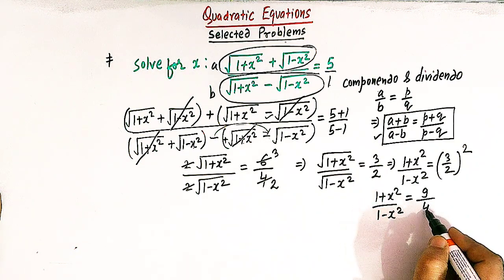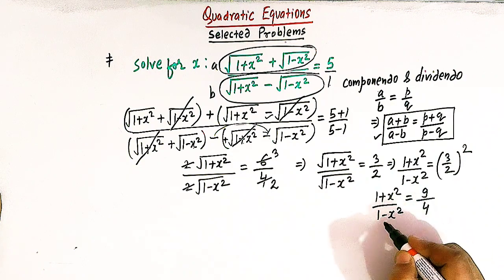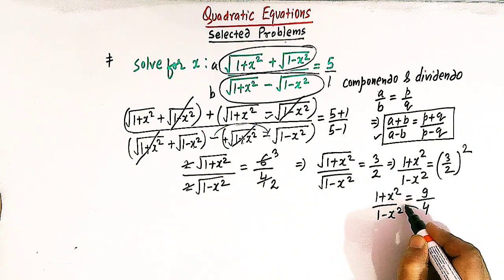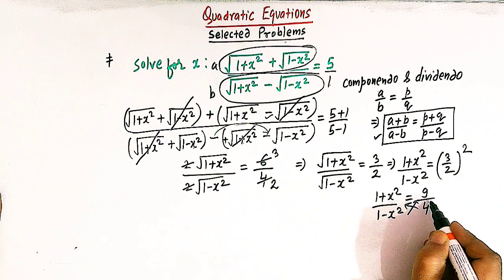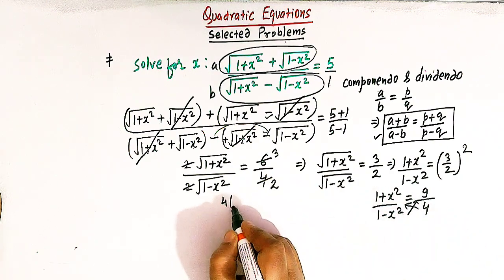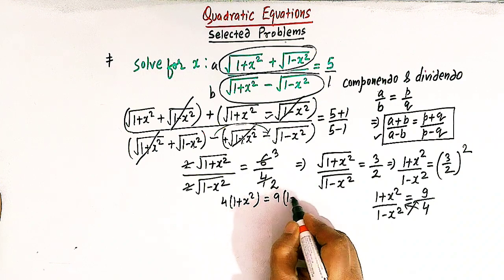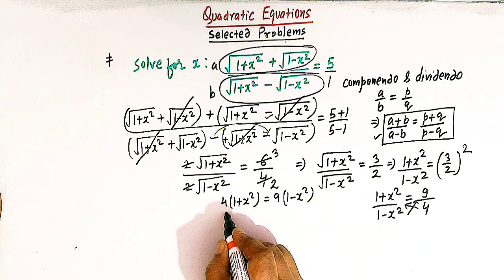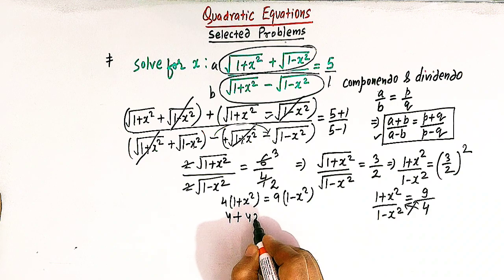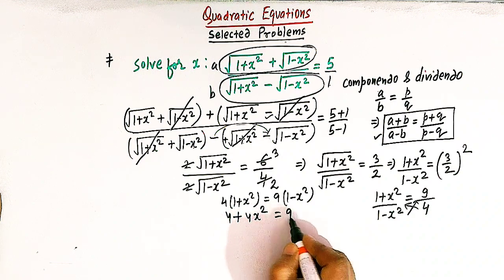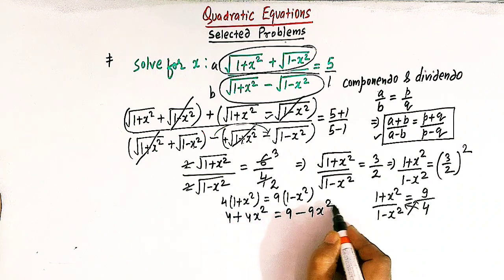Now, by cross multiplication, we have 4 times 1 plus x square, and 9 times 1 minus x square. So this is 4 plus 4x square, and here we have 9 minus 9x square.